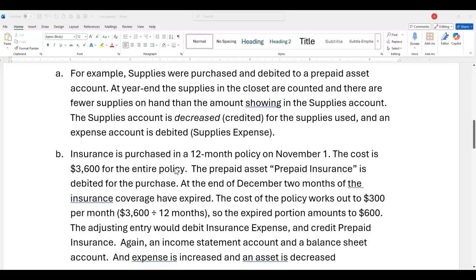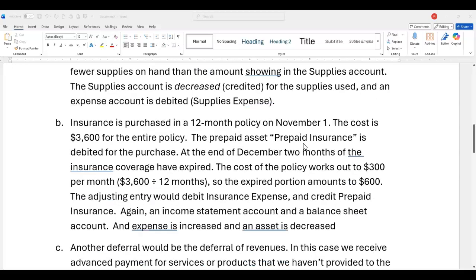Insurance. Let's say we purchase a 12-month insurance policy on November the 1st. Cost is $3,600. We debit the prepaid asset, prepaid insurance, for $3,600. At the end of 2 months, we got it on November the 1st, so November is there, December is there, $600 worth of insurance has expired. The entry would be to debit insurance expense for that $600 and credit prepaid insurance.